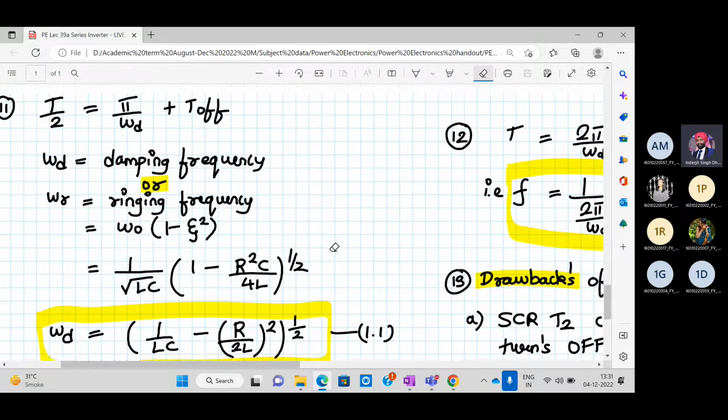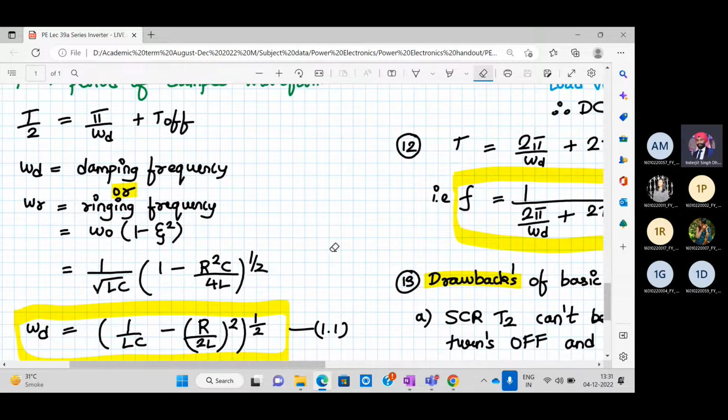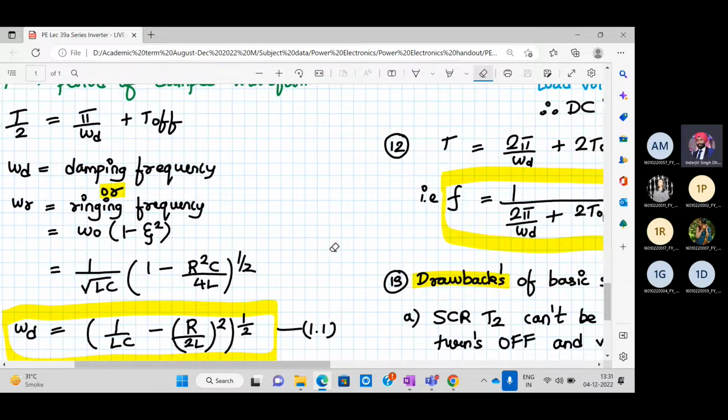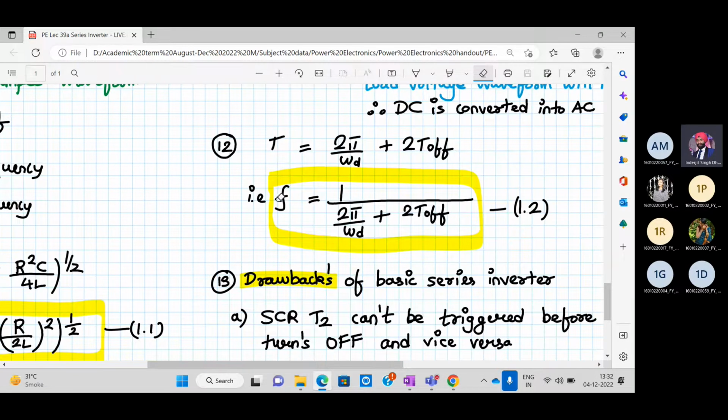All right. So if this is the case, T by 2 is pi upon omega d plus T off. So what will T be given by? T will be given by 2 pi upon omega d plus 2 T off. The inverter frequency will be 1 upon T, so it will be given by this equation number 1.2. Please note down equation number 1.2 also.